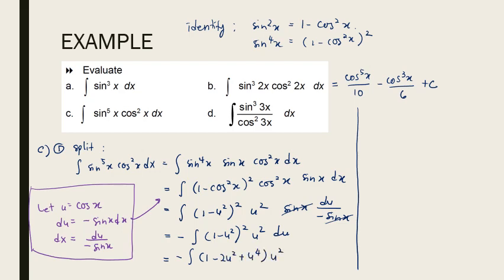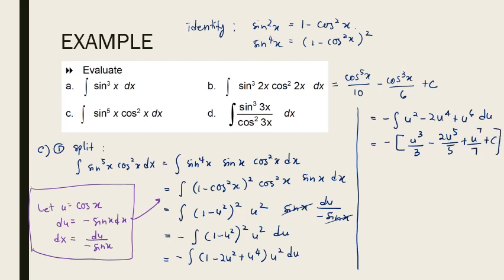The u square is still outside, du. Expand again: u square minus 2u power of 4 plus u power of 6 du. And then we integrate the function of u. So negative outside, u power of 3 over 3 minus 2u power of 5 over 5 plus u power of 7 over 7 plus c.